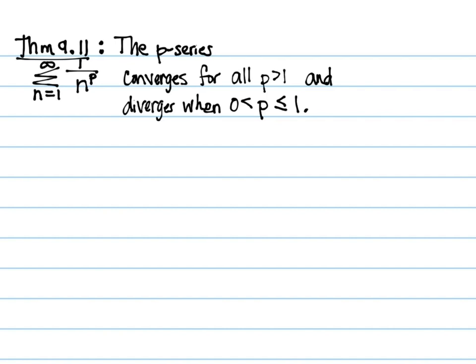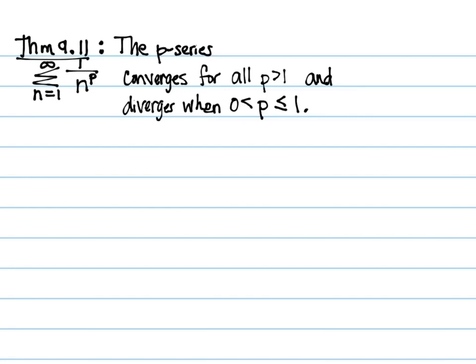So my harmonic series, if I'm thinking about it from this perspective, is exactly the case when that p-value equals 1, right? And if that p-value, that exponent on the n in the denominator, is anything smaller than 1, 0.9, it's also going to diverge. But if it's bigger than 1, 1.1, it will converge.